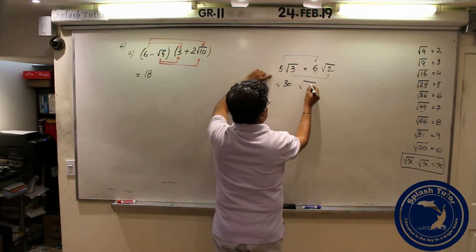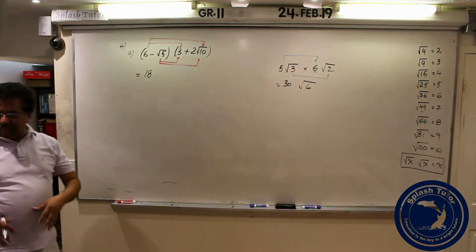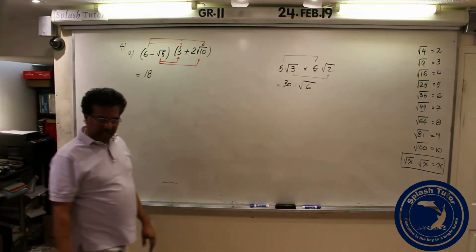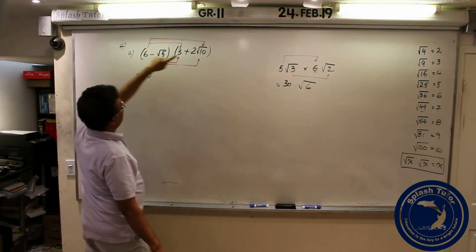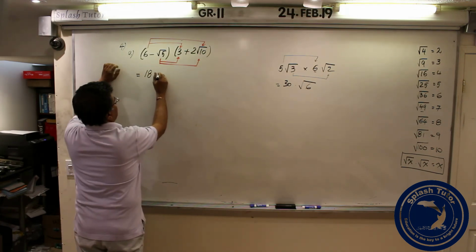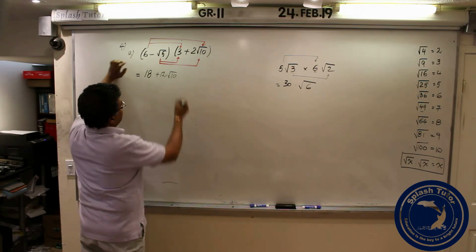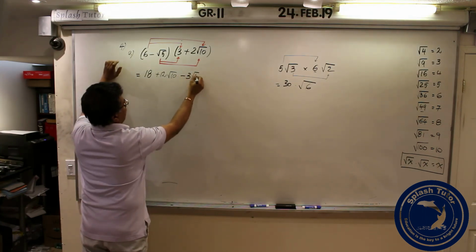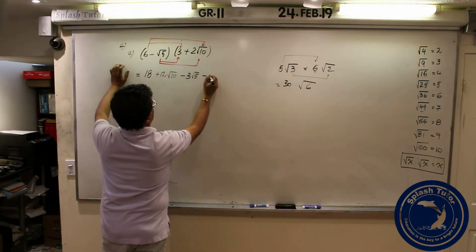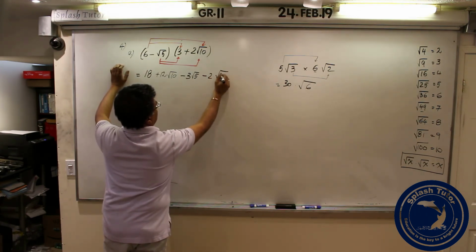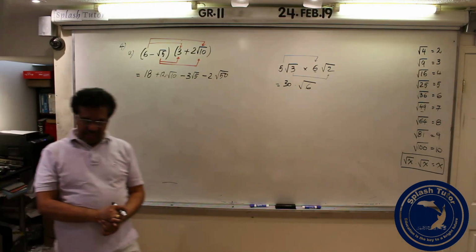That is root 6. Right? So that's what we do. We multiply whatever is inside the radical and put it in the radical, and we multiply the outside numbers. So here, 6 times 2 is 12, so plus 12 root 10. This one is minus 3 times root 5. This is minus 2 times root 50, because 10 times 5 is root 50.